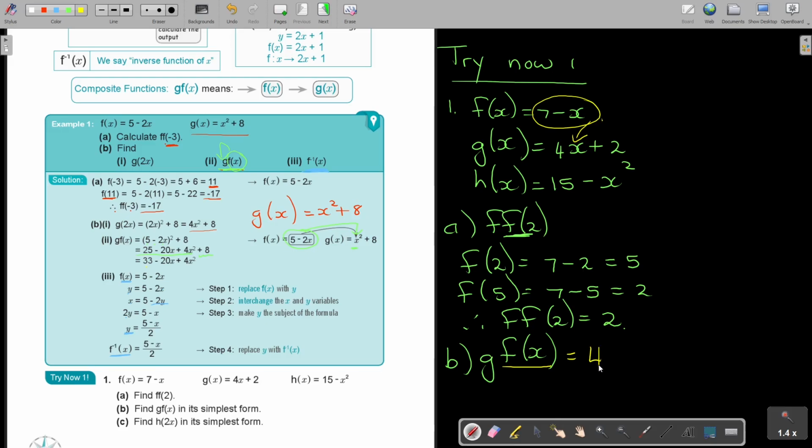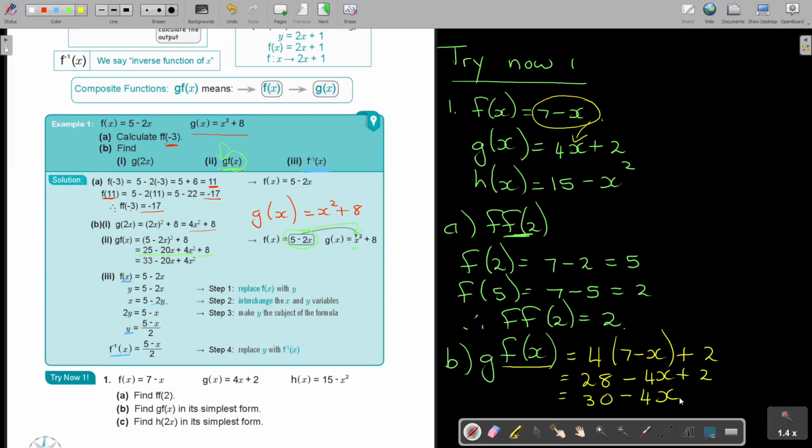So it's 4 and then the bracket 7 minus x, plus 2. And that's going to be 28 minus 4x plus 2. And that is going to be 30 minus 4x.